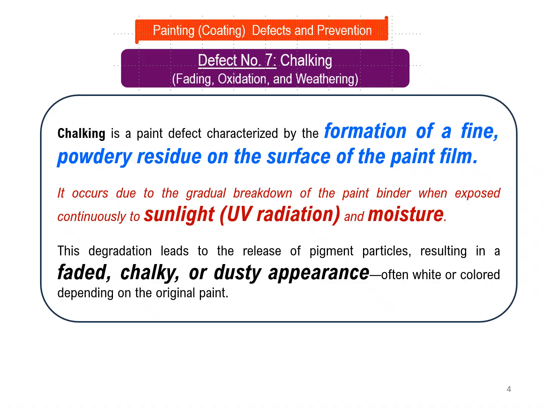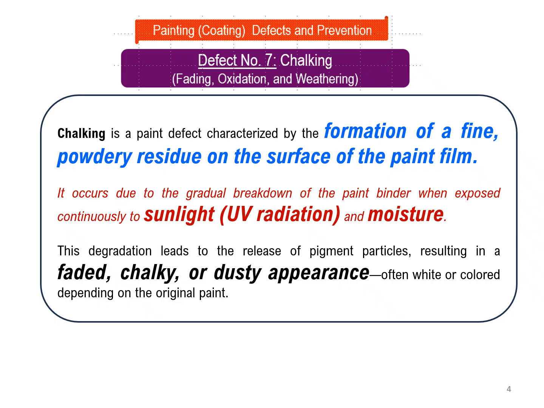The paint defect chalking refers to the paint defect characterized by the formation of a fine powdery residue on the surface of the paint film. It occurs due to the gradual breakdown of the paint binder when continuously exposed to sunlight, UV variation, and moisture.